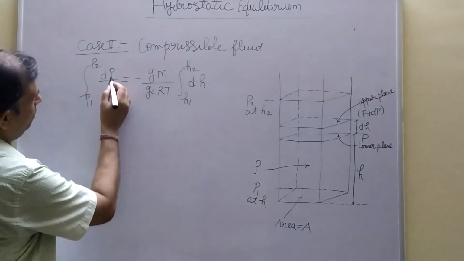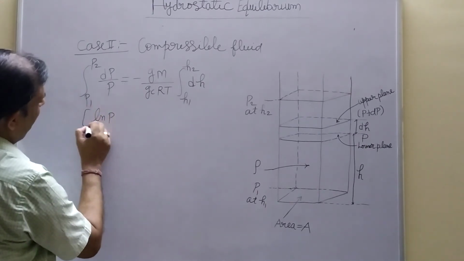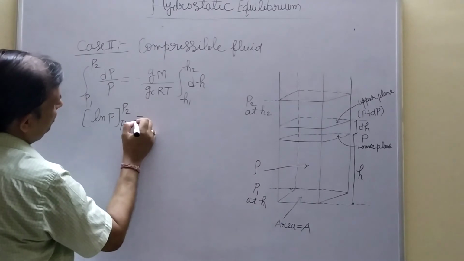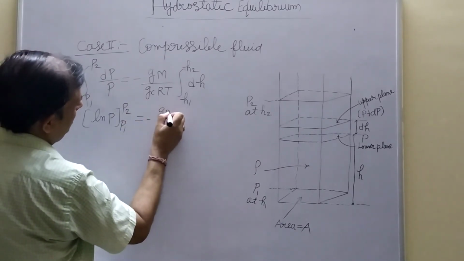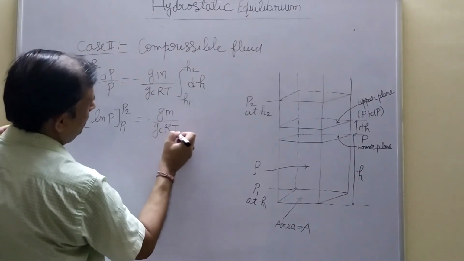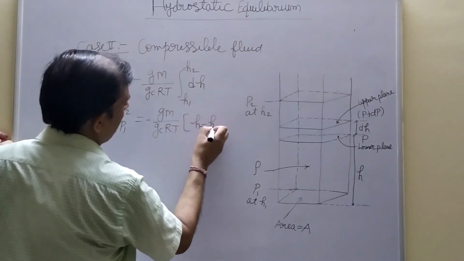So we will get ln P, with limits varying from P1 to P2, equals minus g M by gc R T times h2 minus h1.